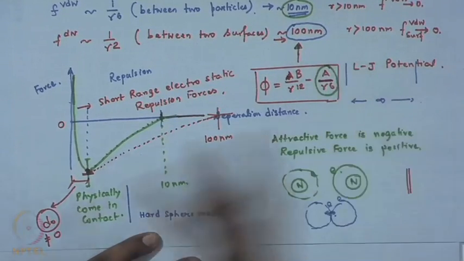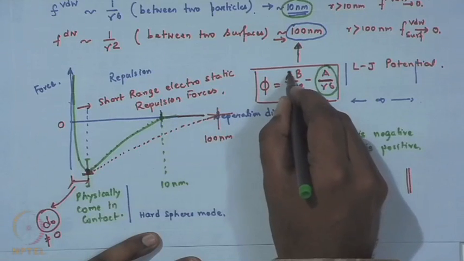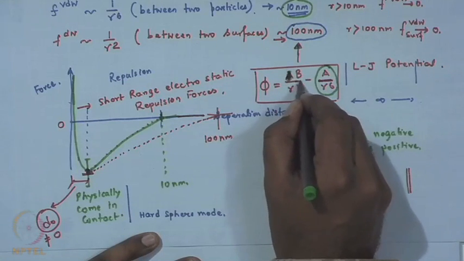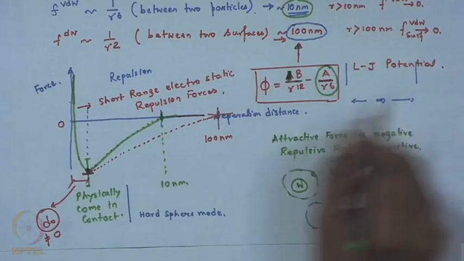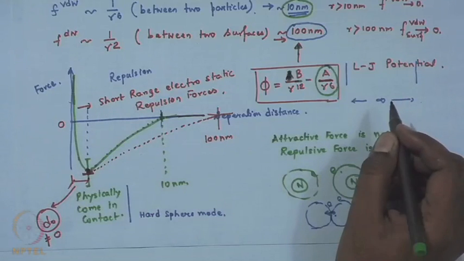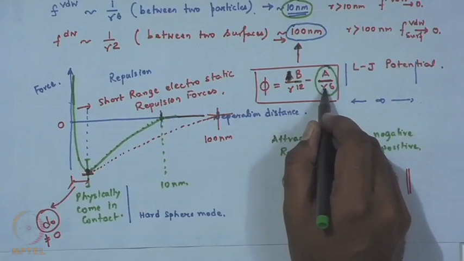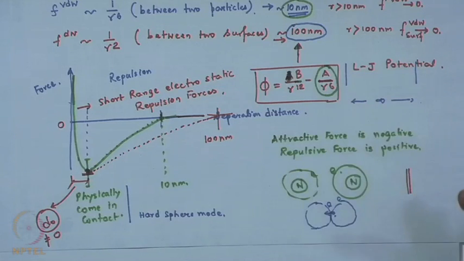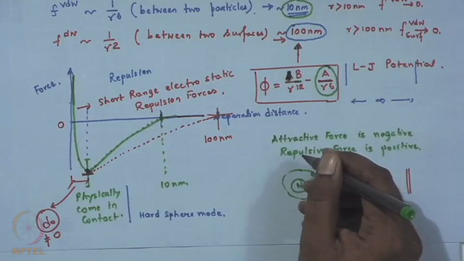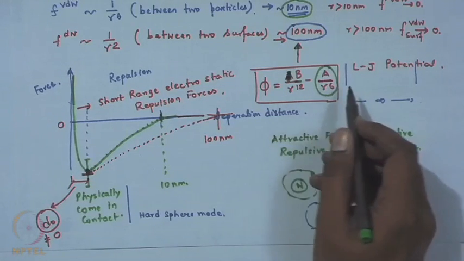A is a constant, forget about its number, we do not worry about it. And then you have B divided by r to the power 12, which is the short range electrostatic repulsion force. Here you can see that if r is very large, let us say beyond 10 nanometer, then both the terms tend to 0.